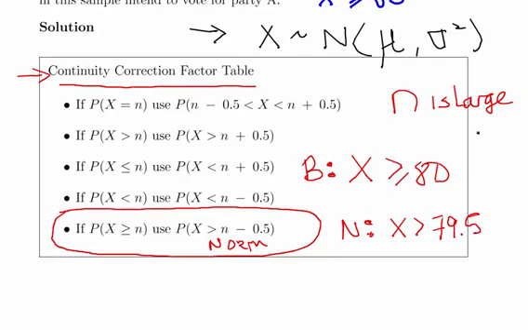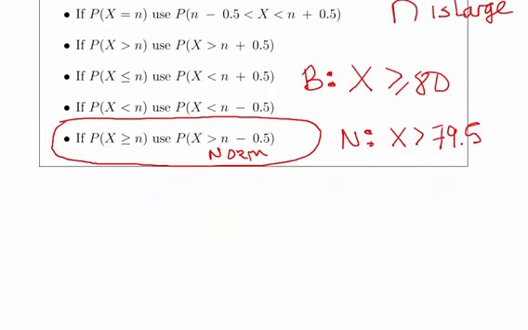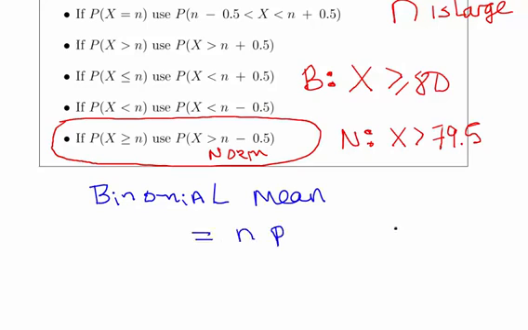Okay, just a remark: the binomial mean is np, which is 200 by 0.35, which is 70.